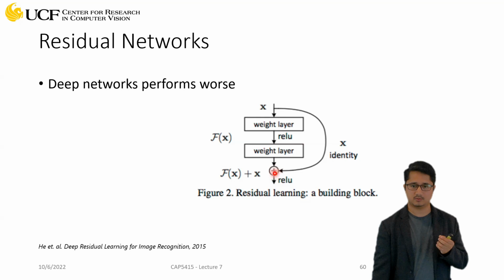Whenever you have an addition operation, you just distribute that gradient, right? So the gradient will go in this direction, and the gradient will also go in this direction. Because of this shortcut connection, whatever gradient you have at this point of time will reach here, and this point will also receive gradient from this branch. So the gradient is actually coming from two different directions.